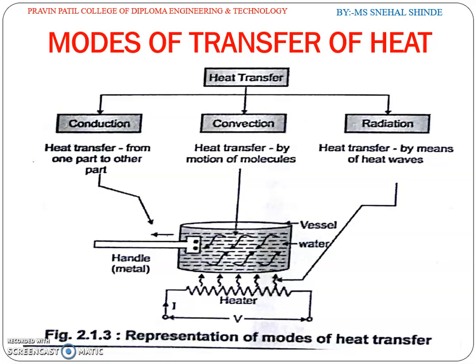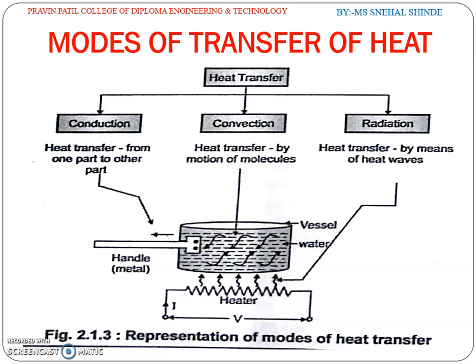So here we have explained the modes of transfer of heat, conduction, convection and radiation, in a simple representation of the heater coil and the vessel, where the water is heated.